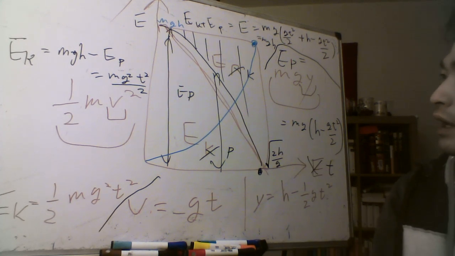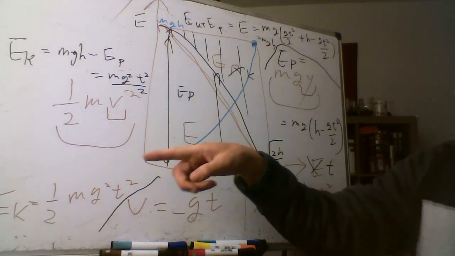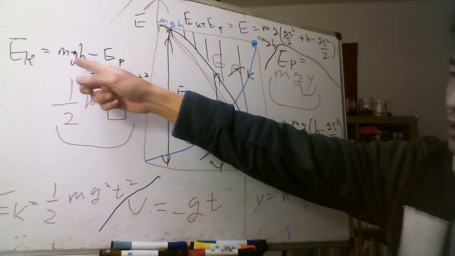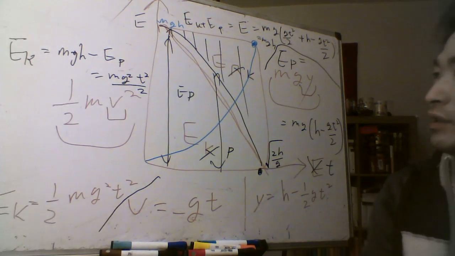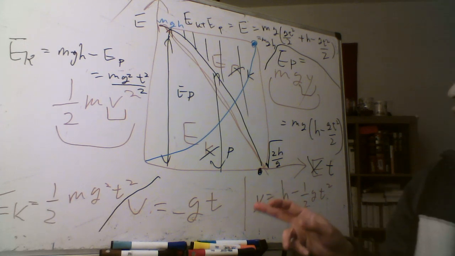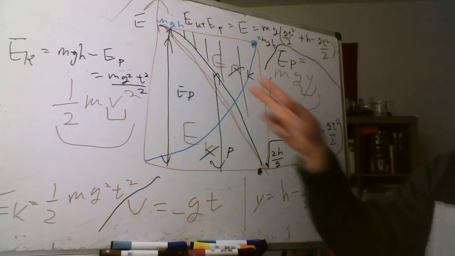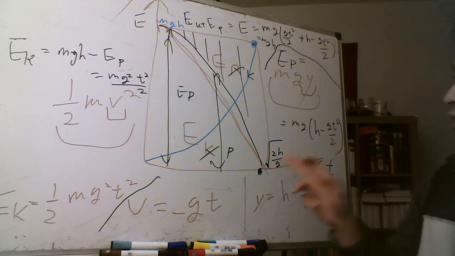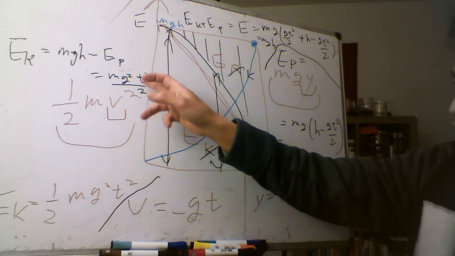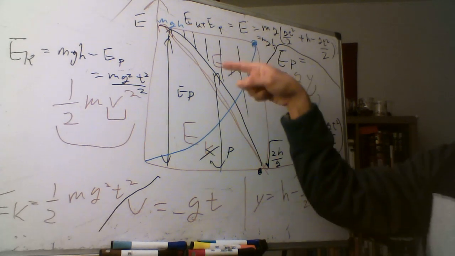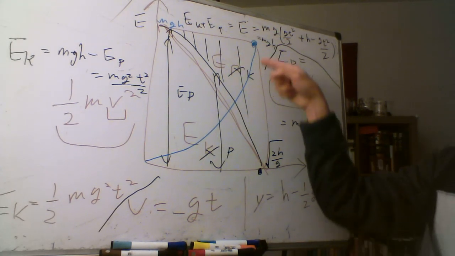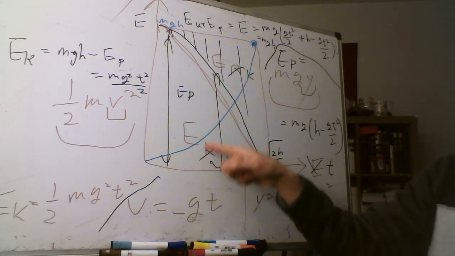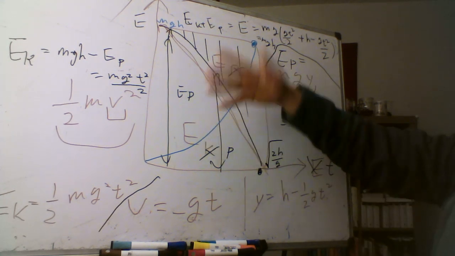Now kinetic energy is mgh minus potential energy, right? Because mgh is maximum energy, period. So mgh cancels out, and all you're left with is mg squared t squared over 2. So that's again another parabola.